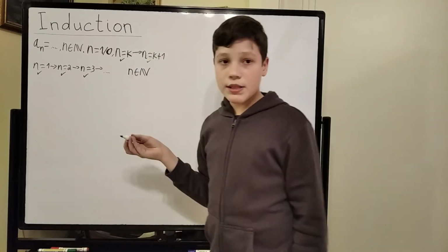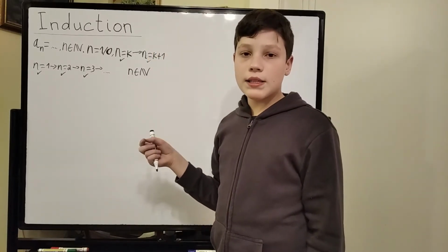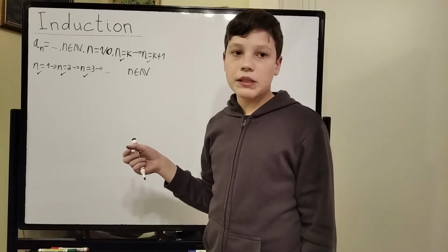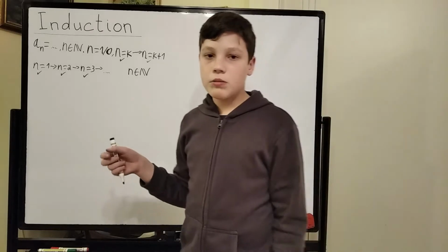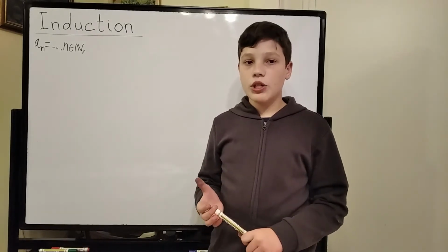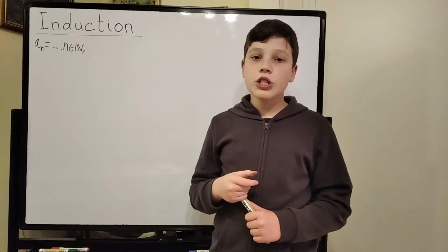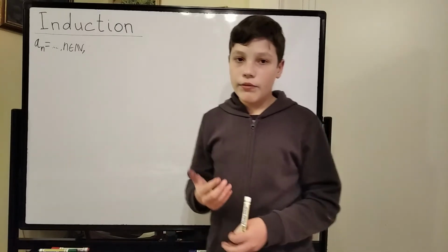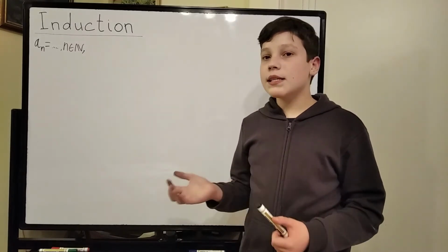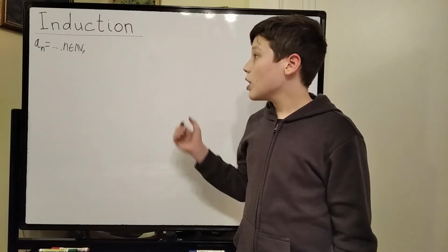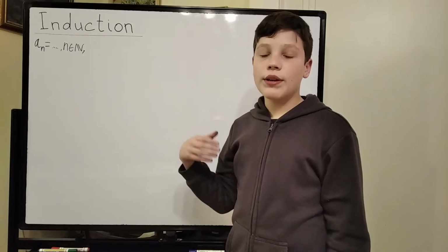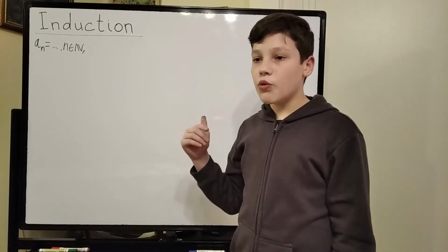So that's regular induction. Strong induction is pretty similar, but it has a couple of differences. So let's talk about that. Strong induction, again, like I said, is very similar to induction. It's the same as regular induction: you have some claim that you already know what you're going to prove, then you prove that claim.